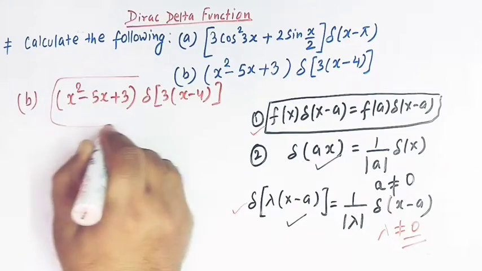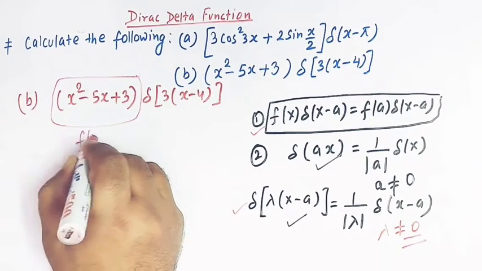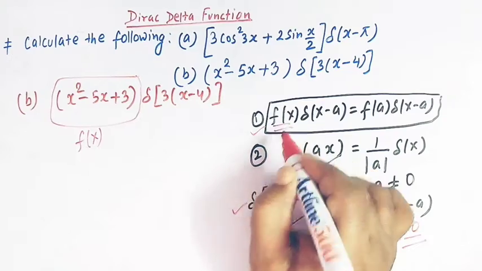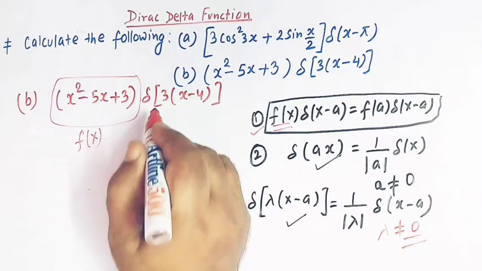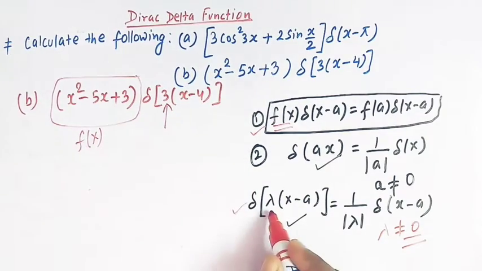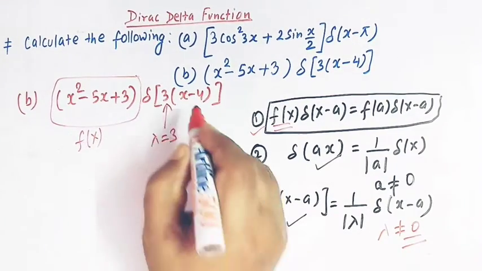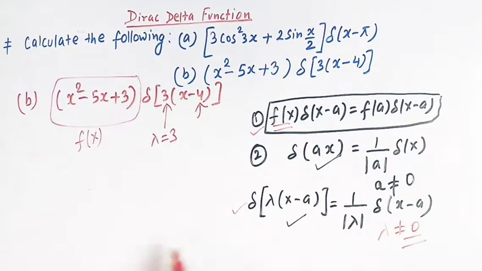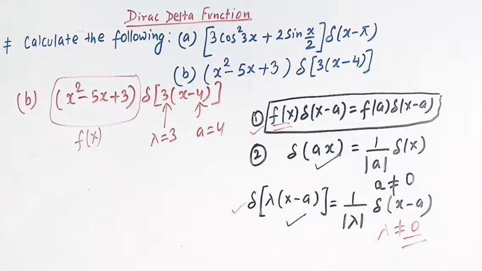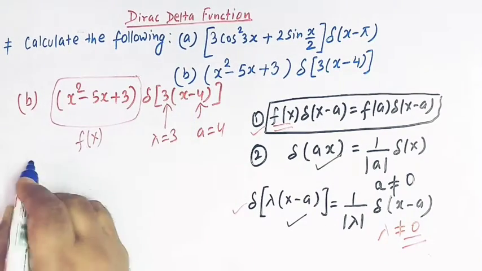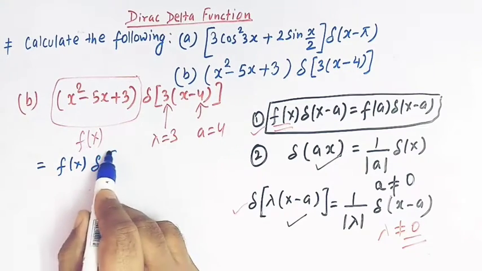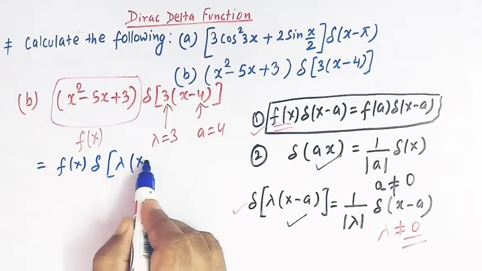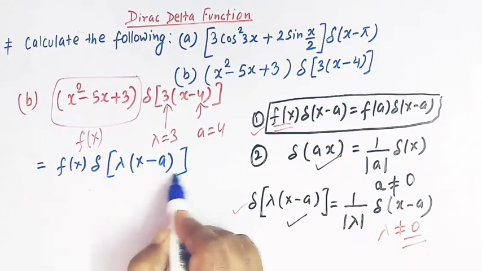So these two properties will be used to get the value of this expression, right. So here this function can be assumed to be f of x, and here we have delta of 3 times x minus 4. So the value of lambda is equal to 3, and the value of a is equal to 4, right. So now this expression can be written as f of x, then we have delta of lambda times x minus a, right?